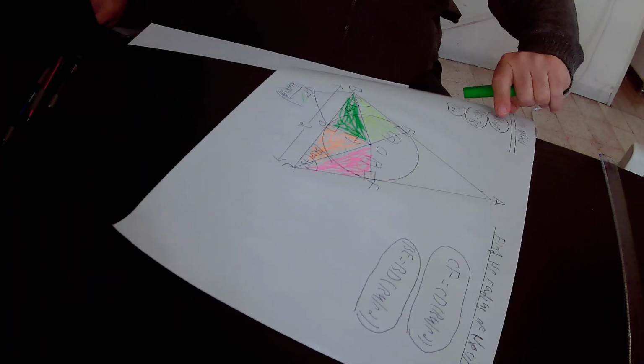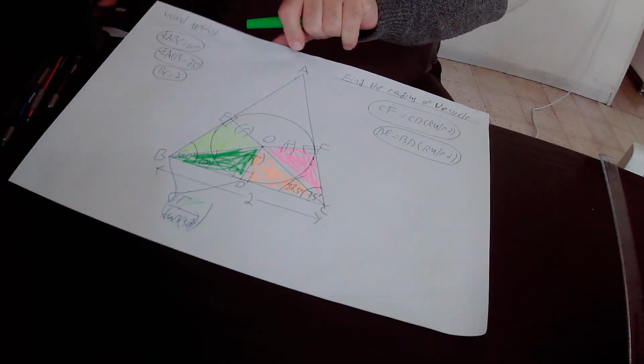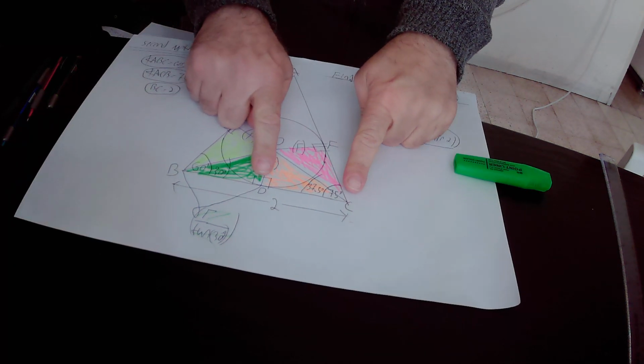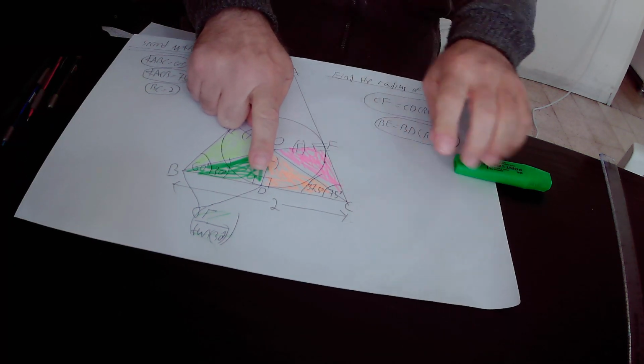So this line segment DC equals R over tangent 37.5 degrees, so I write it down.